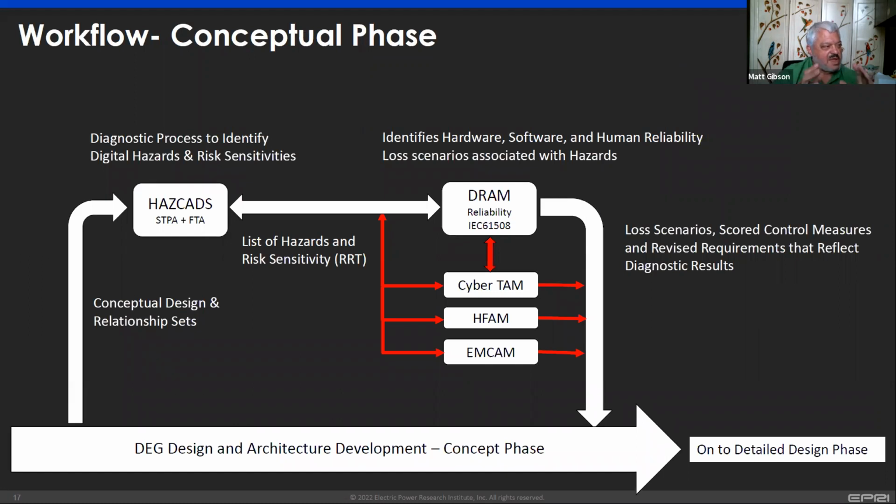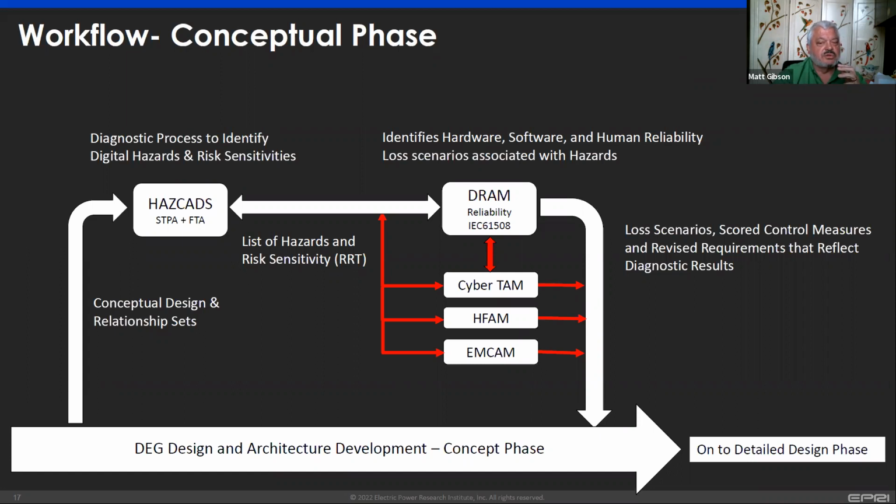This diagram is a little plainer to see because this is the conceptual phase, and you can see how we take the design from the conceptual phase. We view these processes as diagnostic in nature because you're in hazard and risk sensitivities with HAZCADs. Then for the different topical areas, we do loss scenarios, again based on those RRTs.